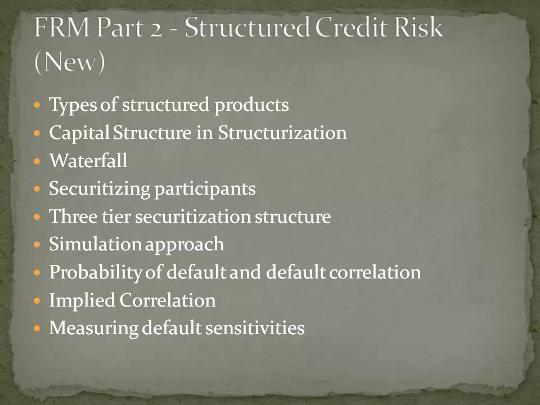So let's look at it one more time. Increasing default probability while holding correlation constant decreases value at risk for equity tranches.